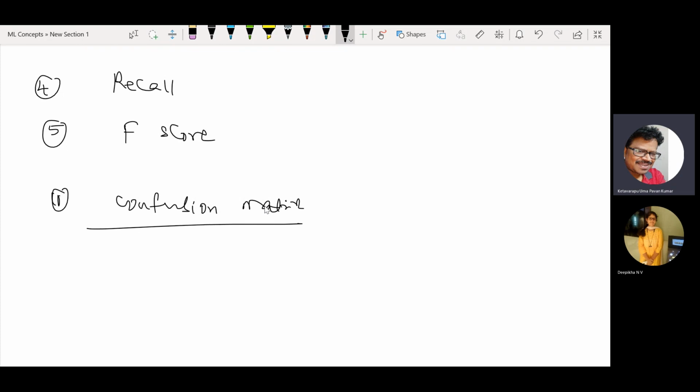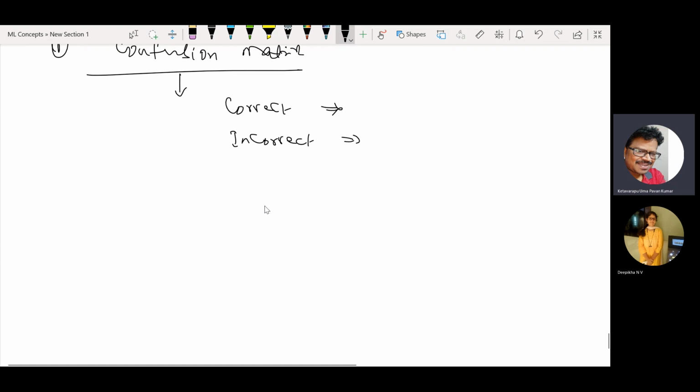The confusion matrix compares the number of predictions for each class that are correct and those that are incorrect. The advantage, guys, is that it gives the correct answers and the incorrect answers also. To explain this, I have the true positive here and false positive, and we have false negatives and true negative.